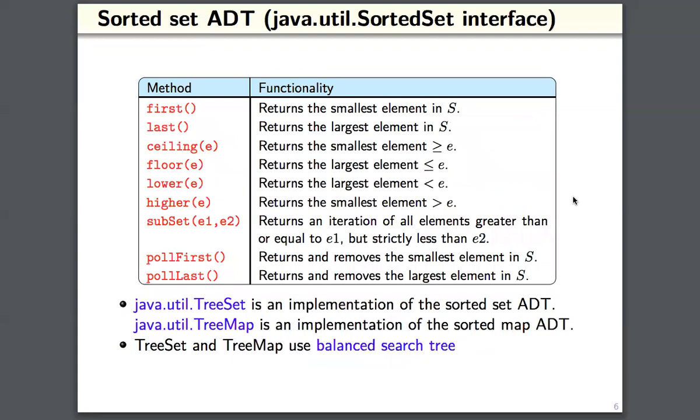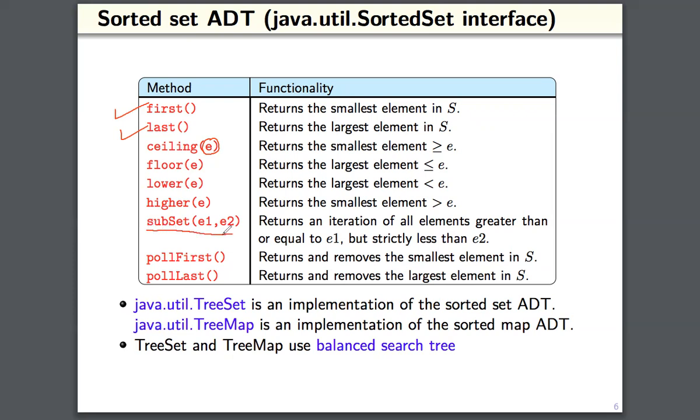Sorted set. So in a sorted set, the values are sorted. So you can define what is the first element or the smallest element, what is the last element or the largest element. And you give a value E. What is the smallest value greater than or equal to E, ceiling of E, floor of E, value just below E, value just above E, subset, right?